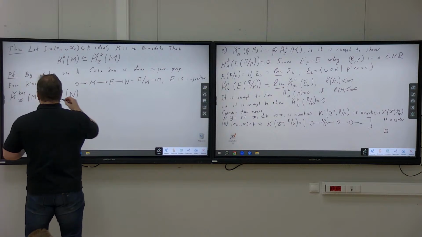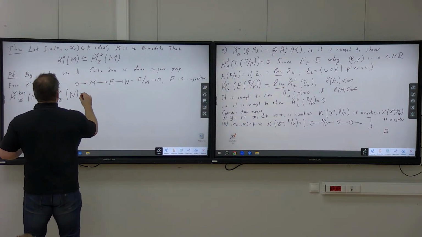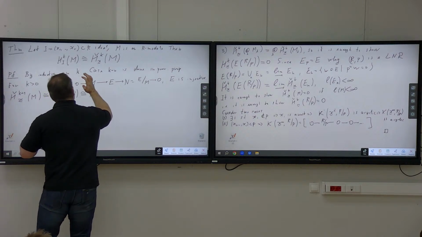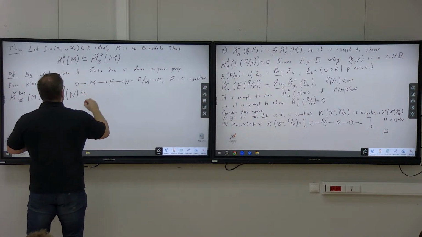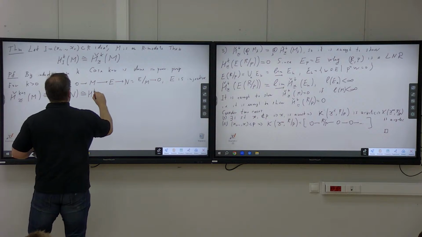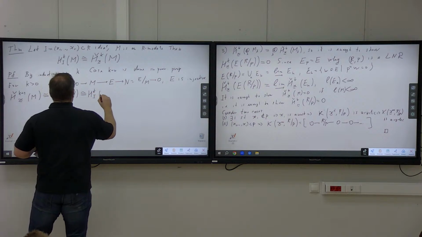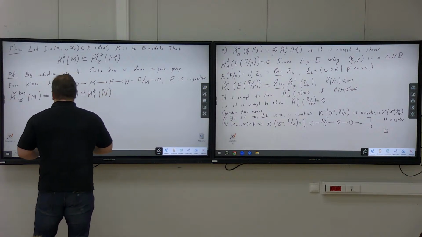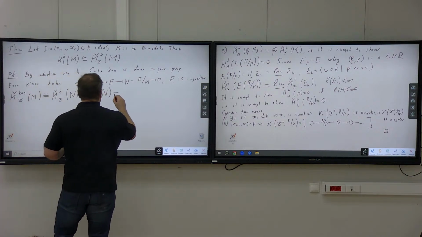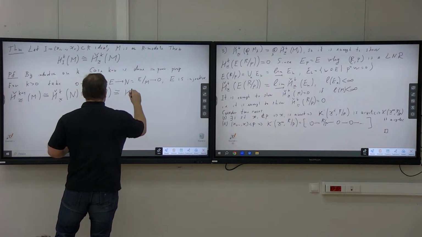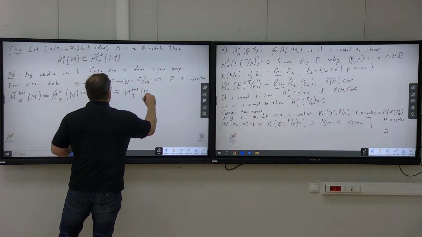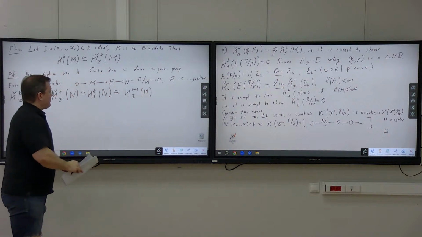Now by the induction hypothesis, I can replace this with the local homology with the index k and the same module N. And this I can identify with the H_{k+1}^I of M by the same reasoning as before, right?